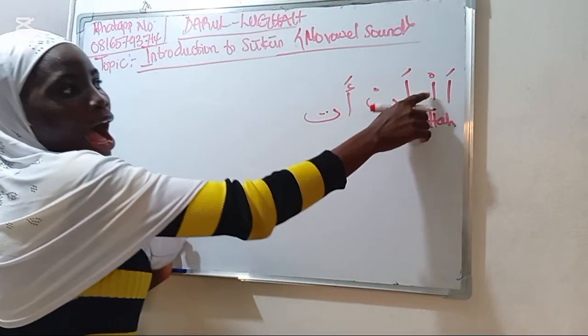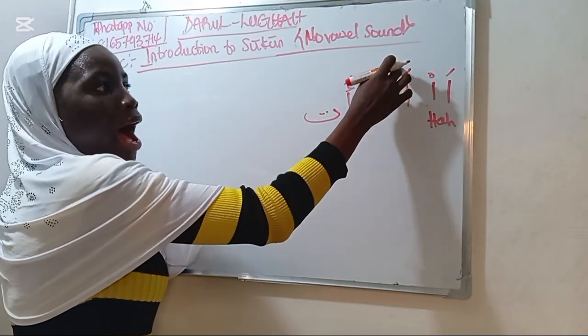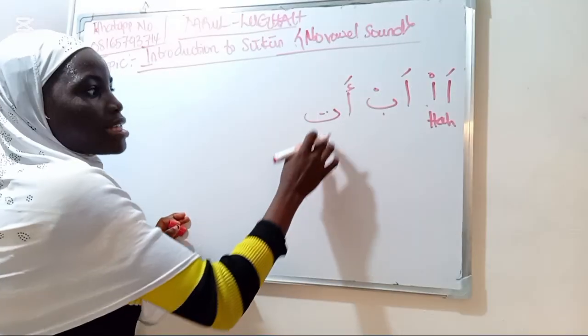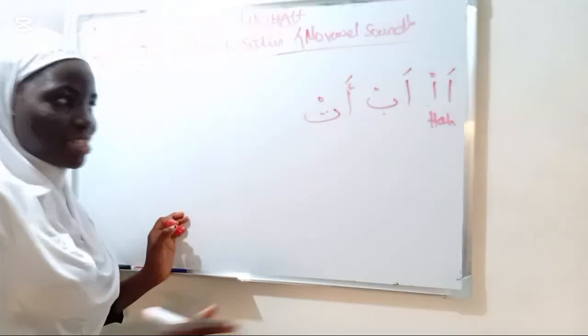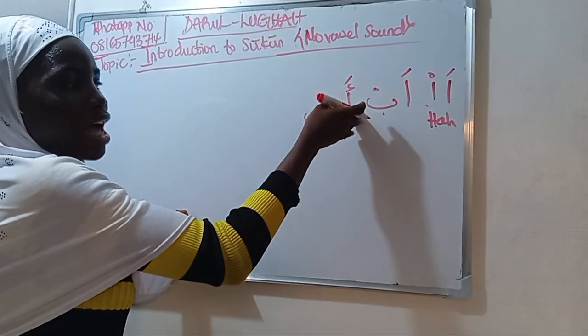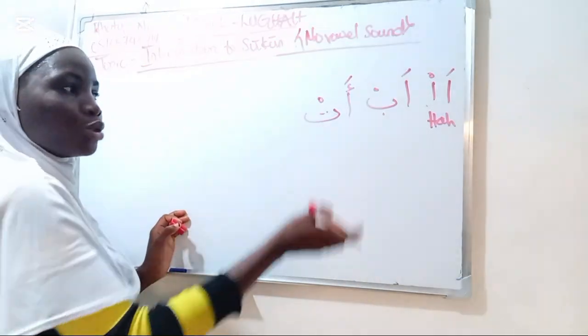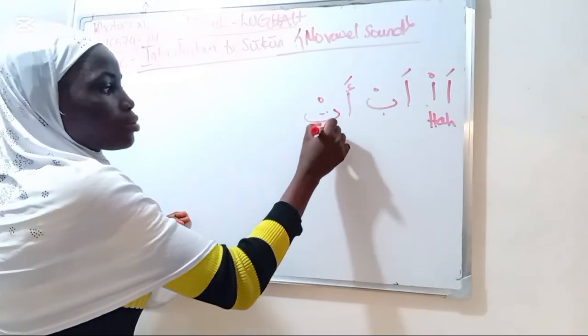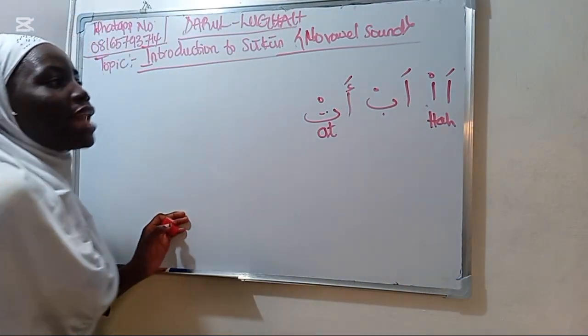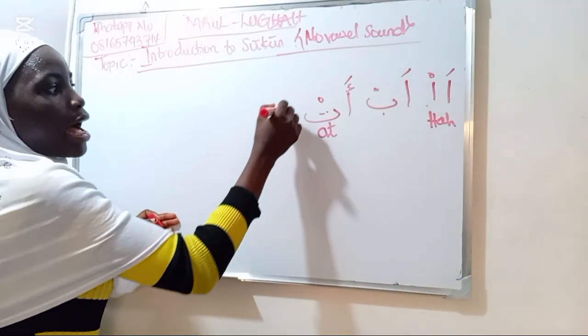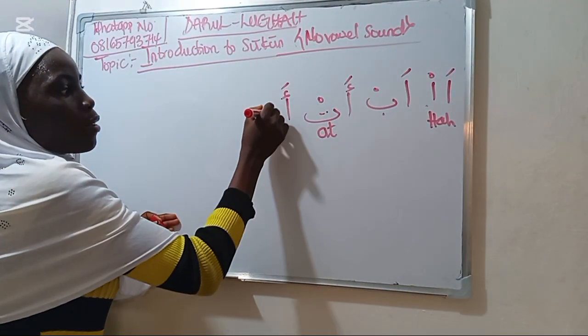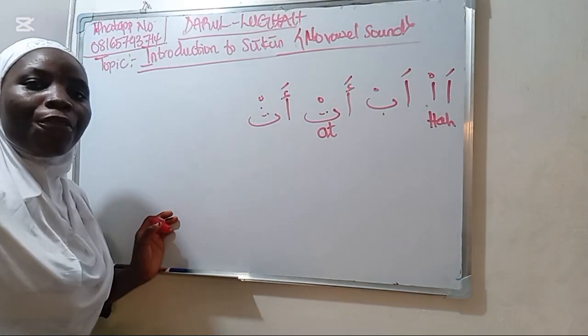Alif Fatiha Alif Sukun A, Alif Fatiha Ba Sukun Ab, Alif Fatiha Ta Sukun At. I pronounce this sound A first before pronouncing this sound Ta. Now Alif Fatiha, Fa Sukun, Af.